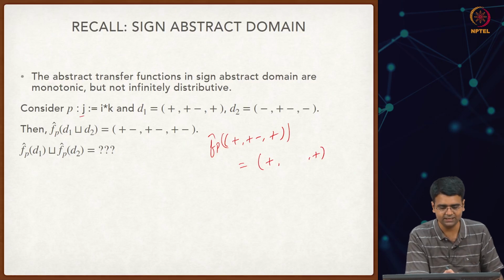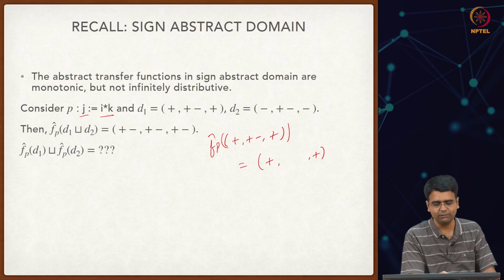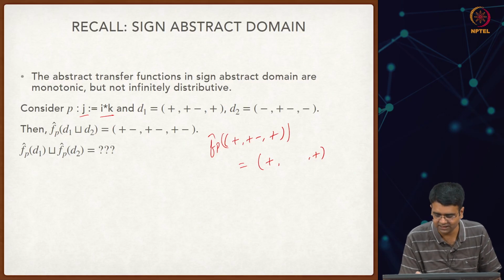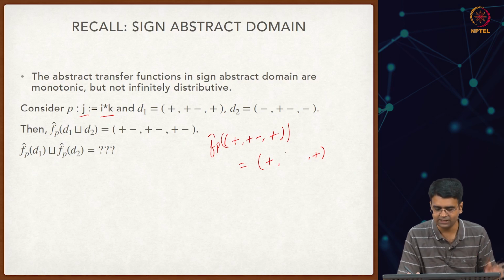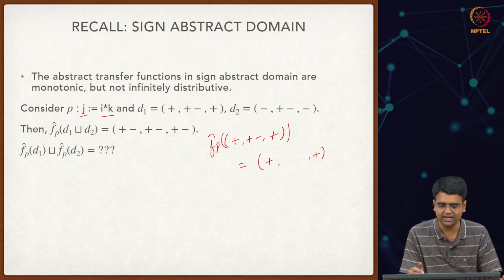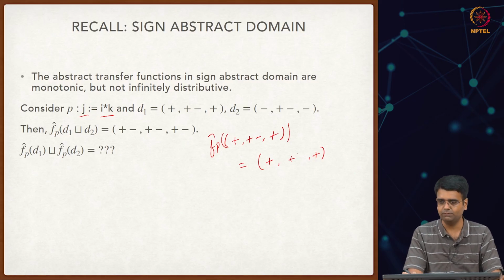The value of j is going to change now, so its original value doesn't matter. It's obtained by multiplying i and k, but I know that i and k are both positive. If you multiply two positive numbers, you are guaranteed to get a positive number. Therefore, the value of j after executing this program statement is guaranteed to be positive, so the abstract value will also be plus.